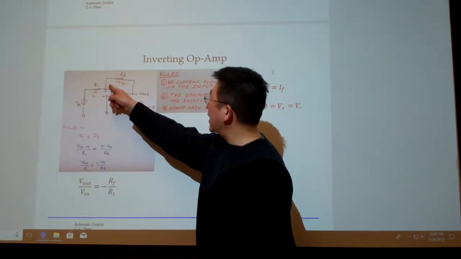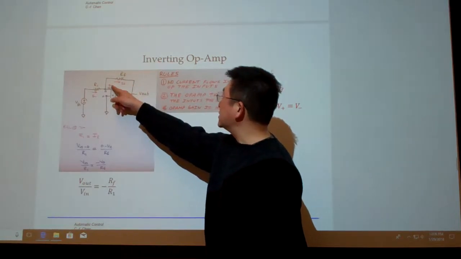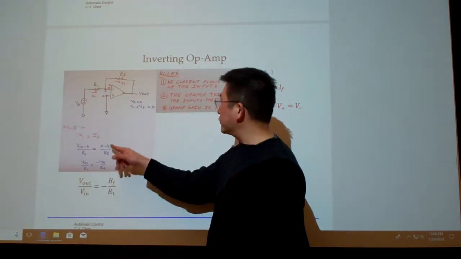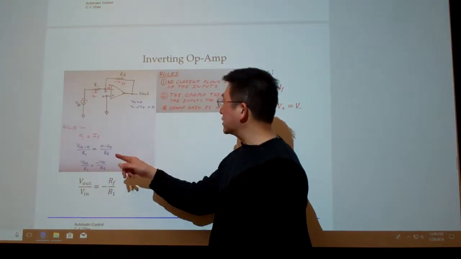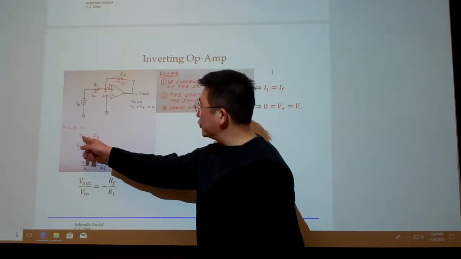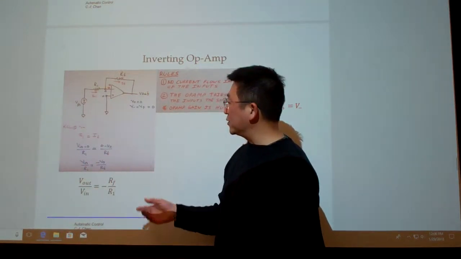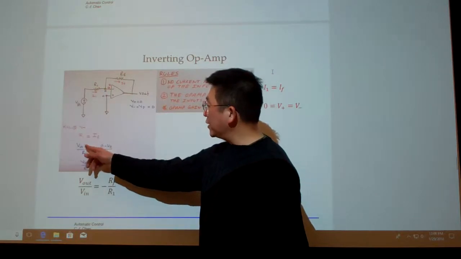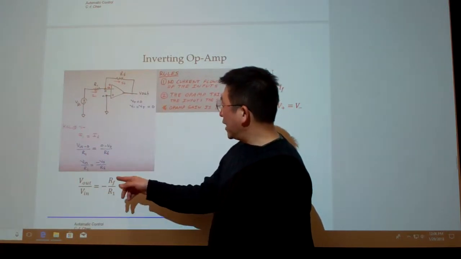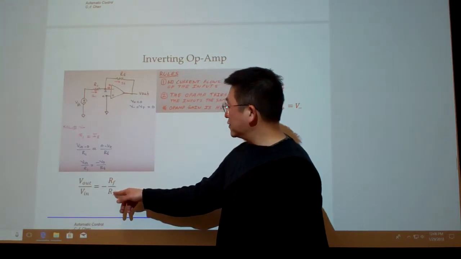On the other side, the current flowing through here is 0 minus V out, divided by RF, equal to this one. So again, we basically apply the fundamental rules here. We arrange this relation and find V out divided by V in equals minus RF by R1.